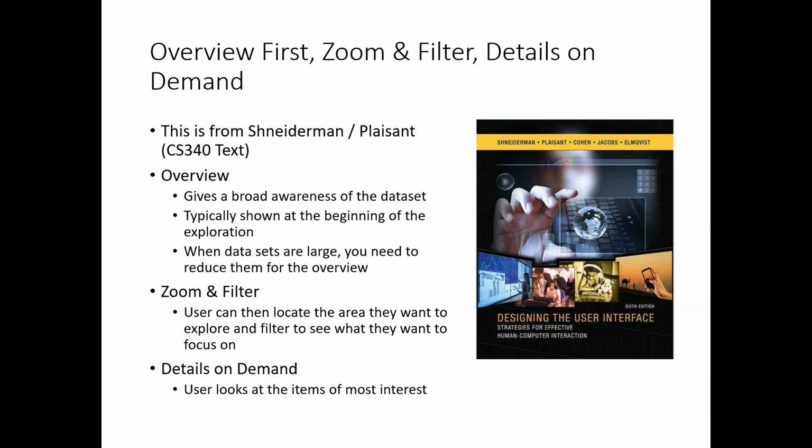So basically start with a broad awareness of the data set, and then zoom into the area that you want to explore. Use filters to break it down even further for the thing that you absolutely want to focus on. And then you can get the details for the individual items of most interest. So you keep going from the large to the small. Go from the overview down to the details.